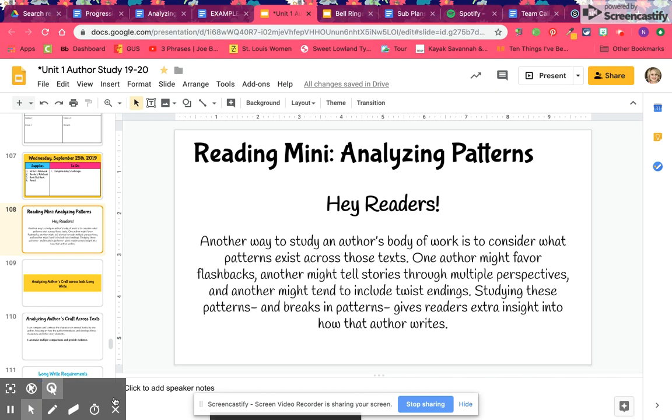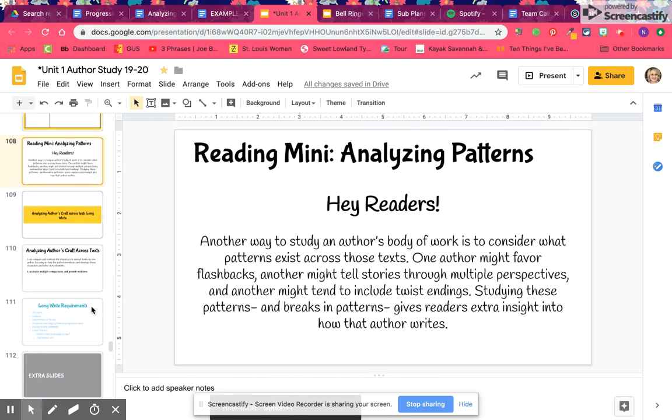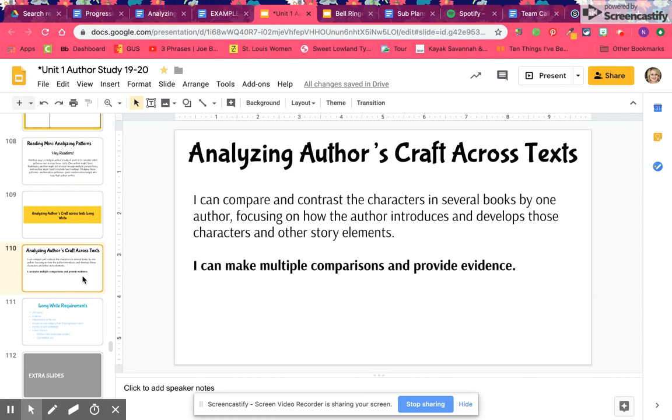For this week, we are looking at the category that says I can compare and contrast the characters in several books by one author, focusing on how the author introduces and develops those characters and other story elements. Your advanced part is I can make multiple comparisons and provide evidence, so you're providing evidence for both.